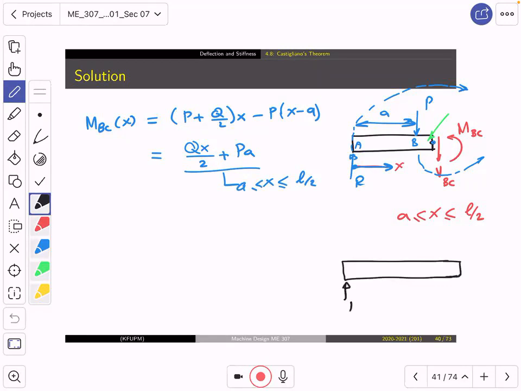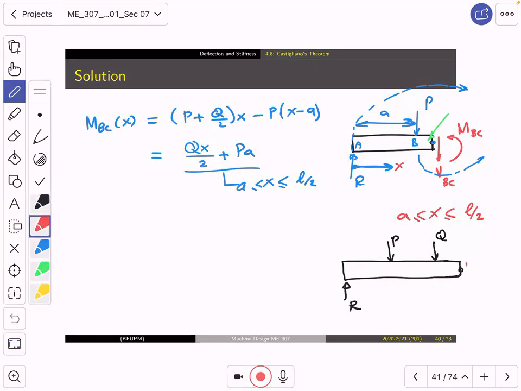So again, here I have the reaction. In the solution, you will see I am writing R equal R1, which is the same as R over here. In there, we have the force P, and then the Q. So this is the point.